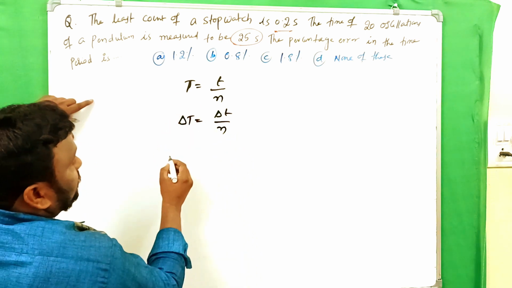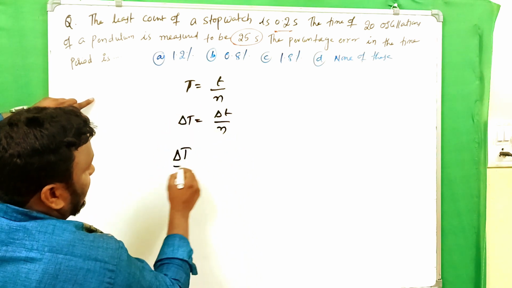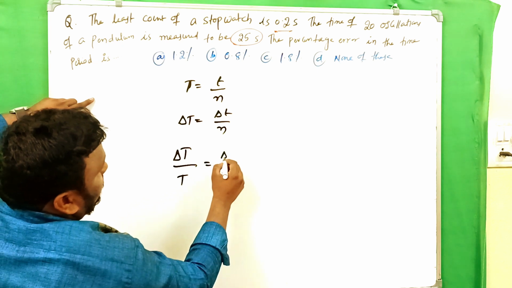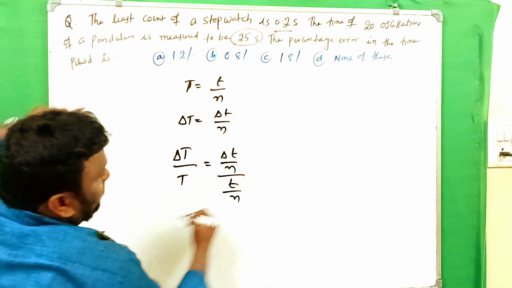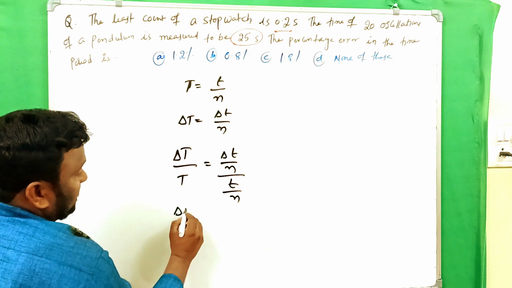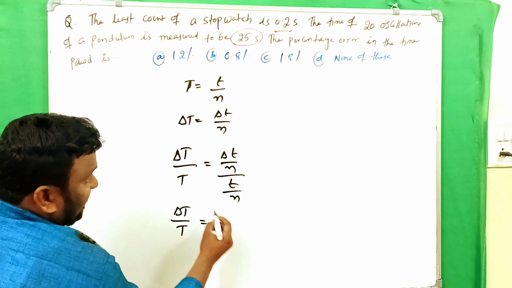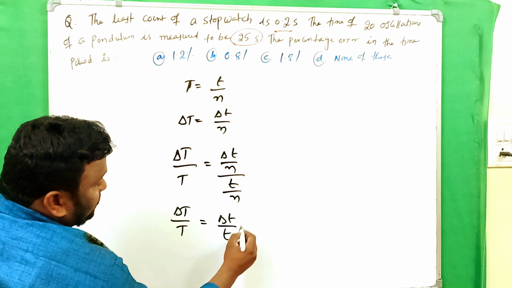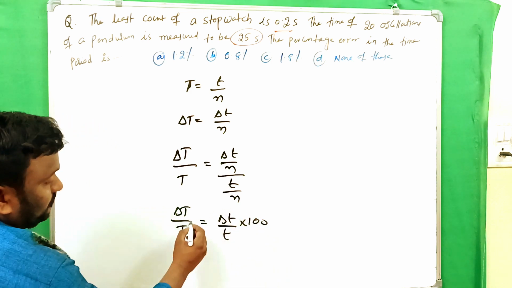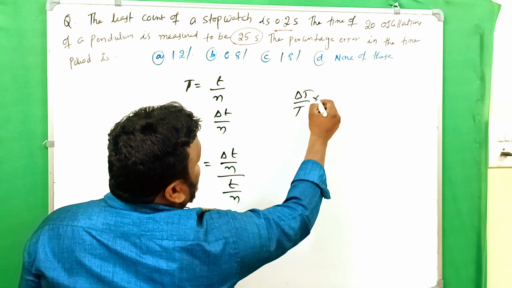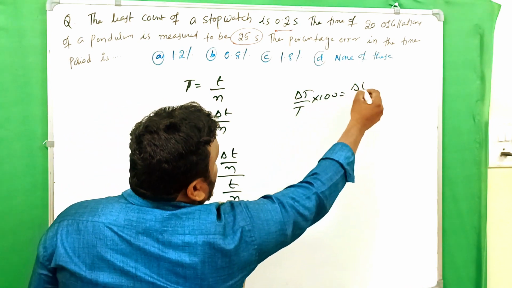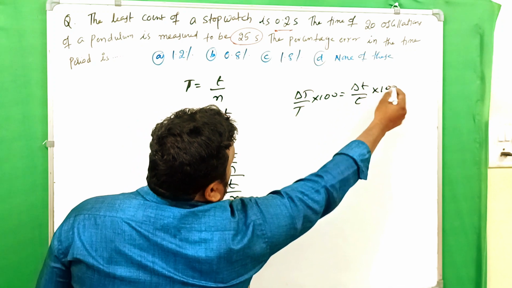From those two equations, delta T by T is equal to delta t by N, divided by t by N. The N cancels, so delta T by T is equal to delta t by t, and into 100.